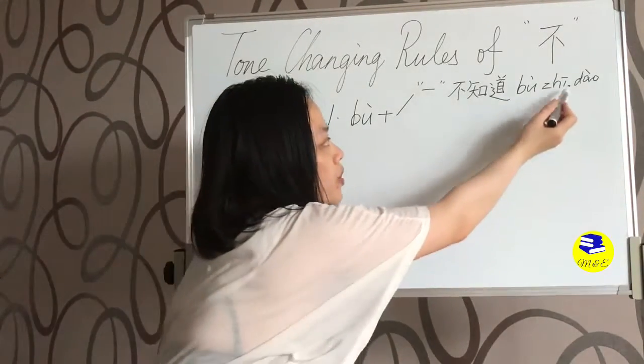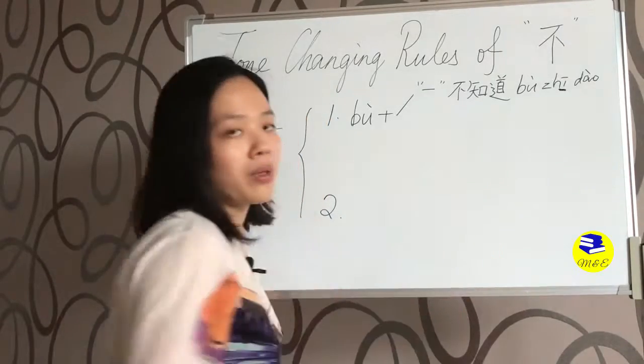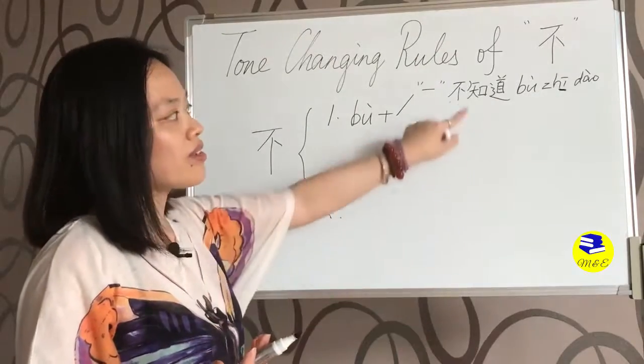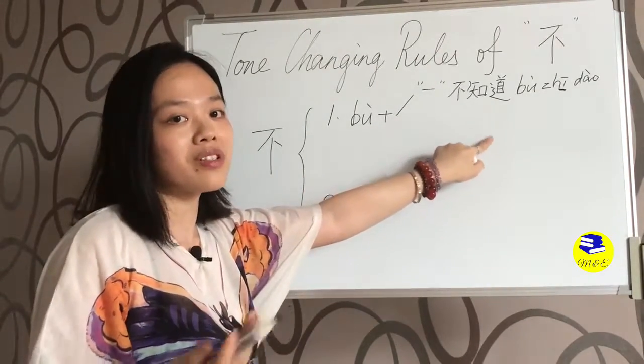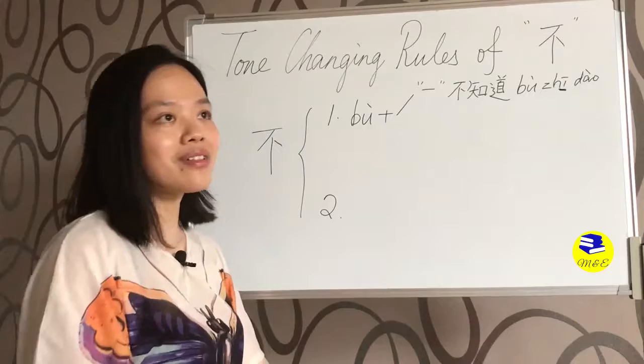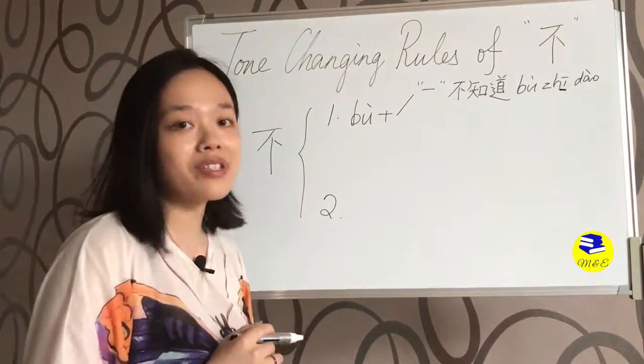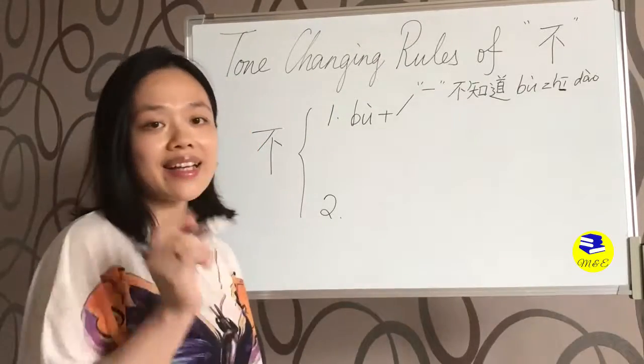Here, 不 follow with the character 知 is a what? It's a first tone, right? That's why it pronounced fourth tone, 不知道, instead of 不知道 or 不知道, right? It pronounced fourth tone, 不知道. Okay?